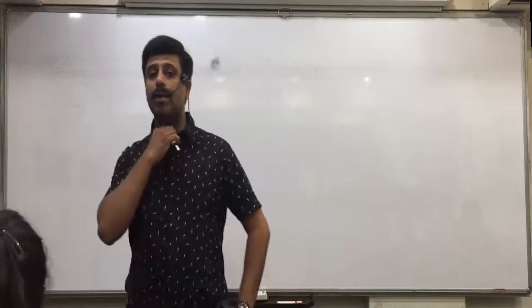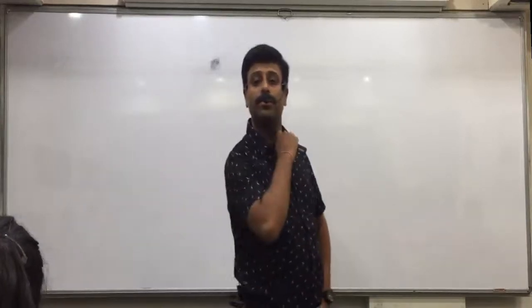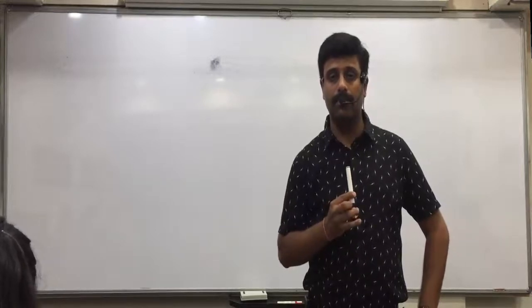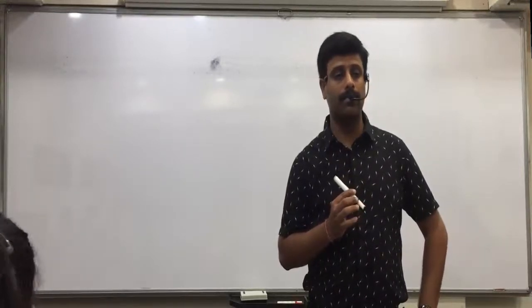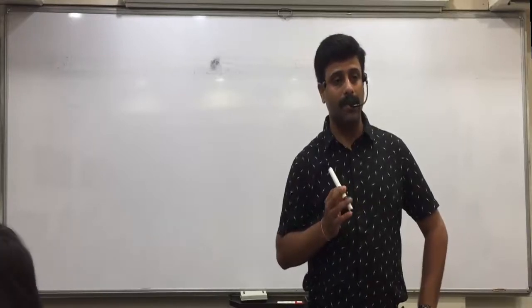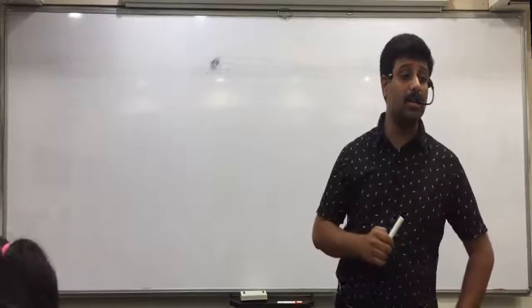And Nishi, sixth formula: sigma (x minus x bar)(y minus y bar) upon under root sigma (x minus x bar) whole square into under root sigma (y minus y bar) whole square. And then when do we use this formula in long questions?